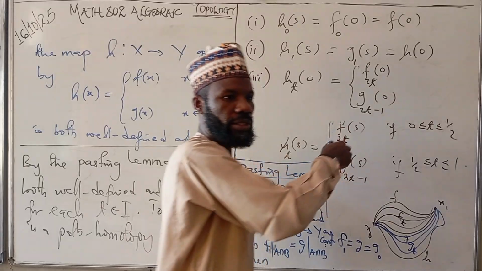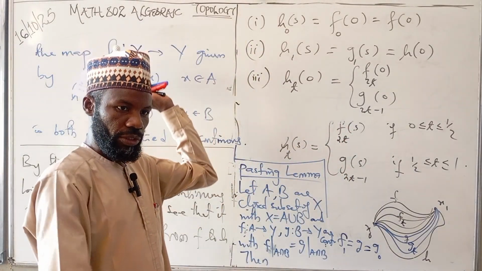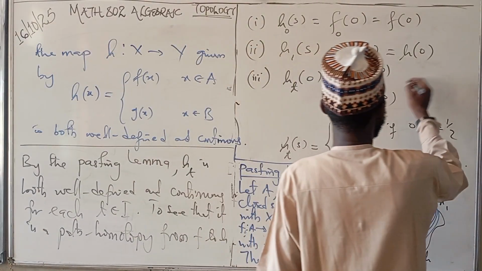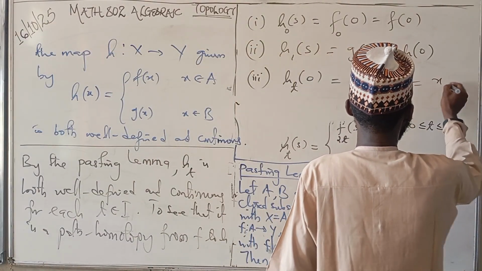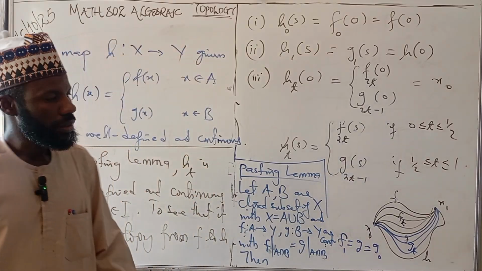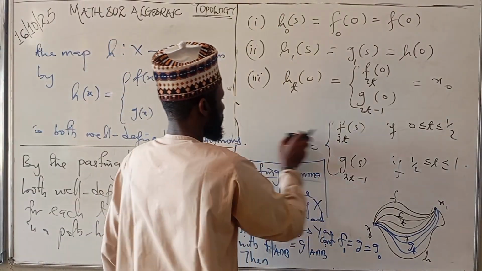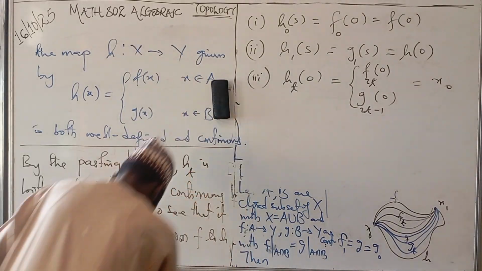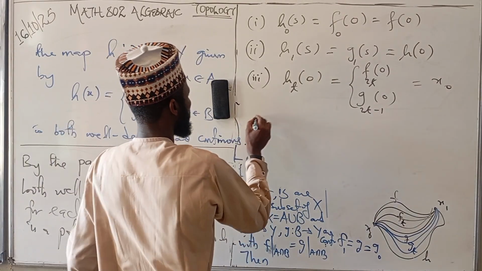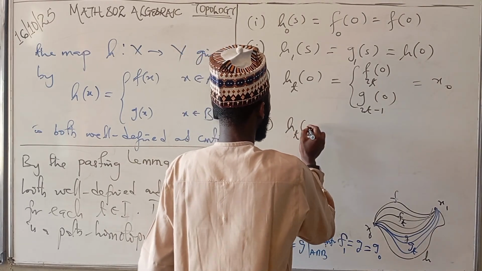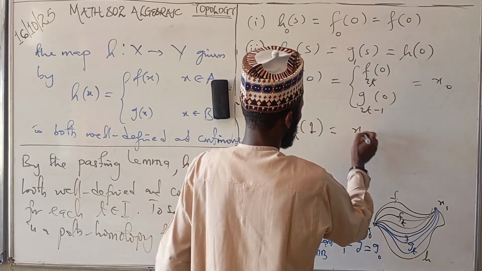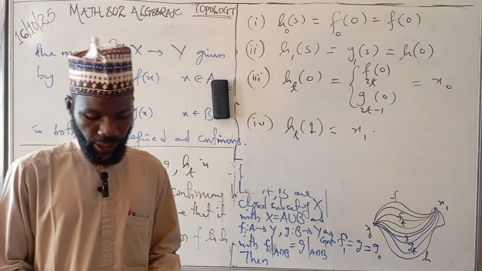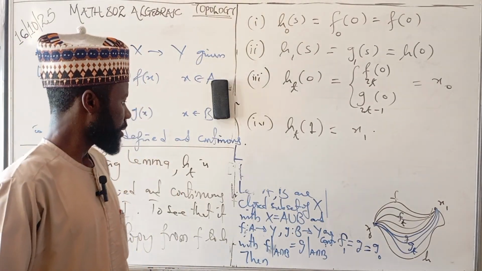But each one of these is already a member of the homotopies, so it preserves the endpoint. So this is nothing but x0, the initial point of f and g altogether. And likewise for the other one, h_t of 1, you still get x1. So the homotopy is clearly relative to the endpoints.